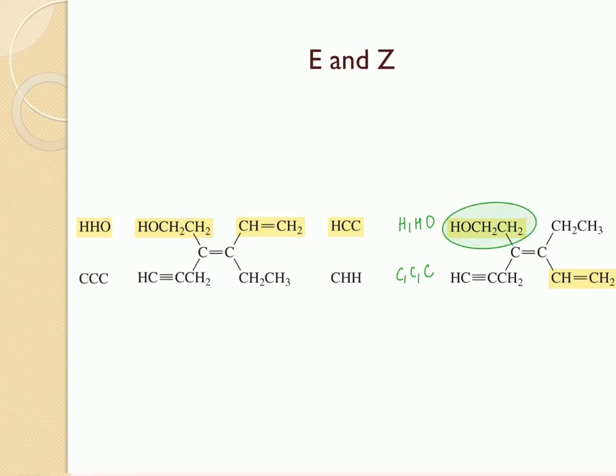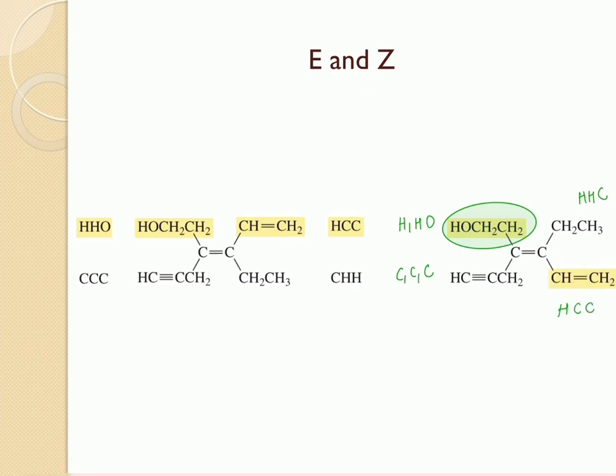Now let's look into the other side. The first atom is carbon here, and here also it is carbon. And let's look into the other three atoms that these carbons are connected to. This carbon is connected to two hydrogens and a carbon, so it's H, H, C. And this carbon is connected to a hydrogen, a carbon, and a carbon.